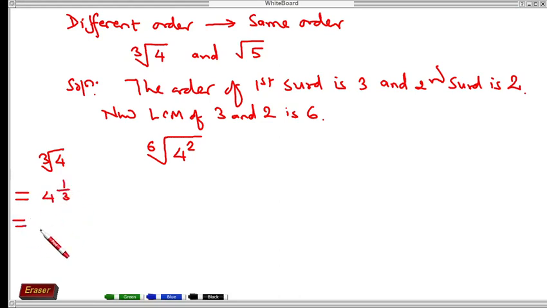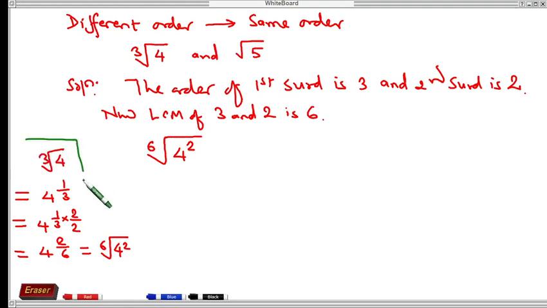We need 6 here, so 4 to the power 1 by 3 times 2 by 2, 4 to the power 2 by 6, which can be expressed as the 6th root of 4 squared. So this is the working note, dear students. In this way we can convert, and the fast, easy method is this.